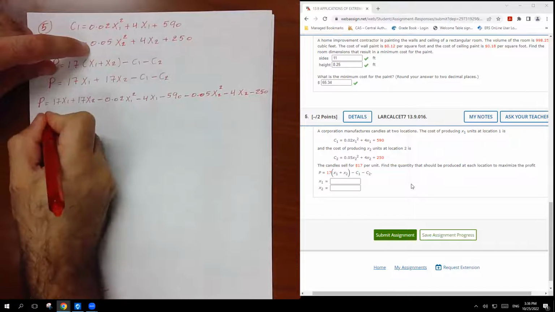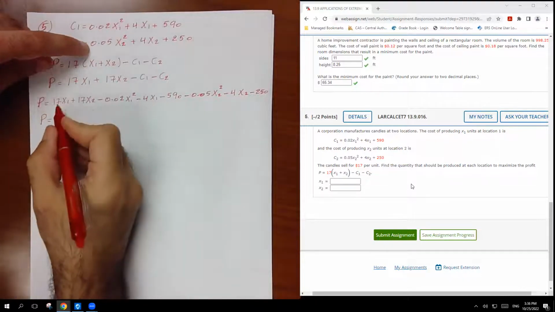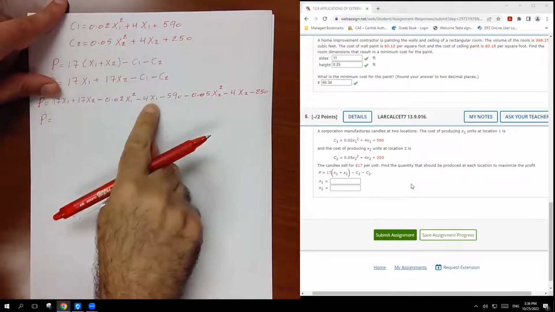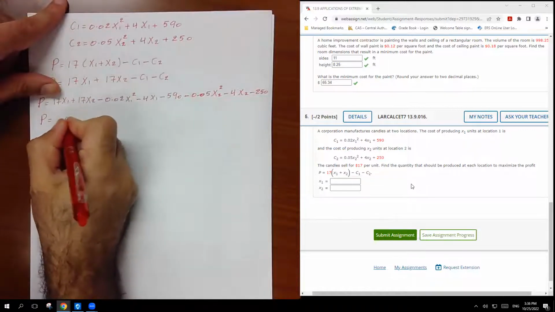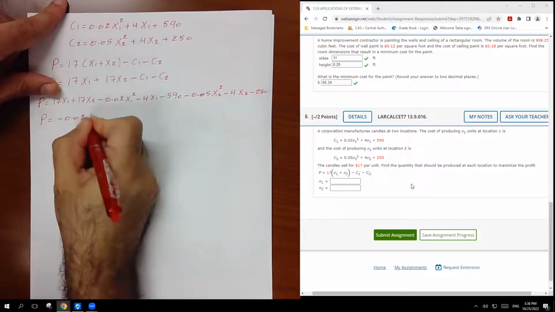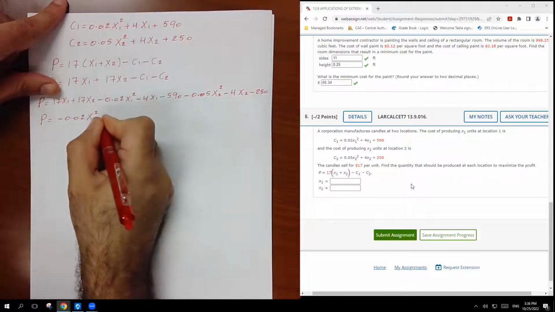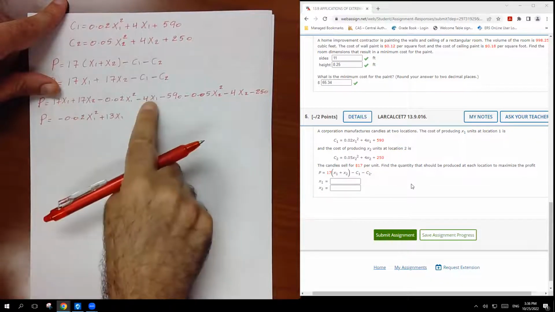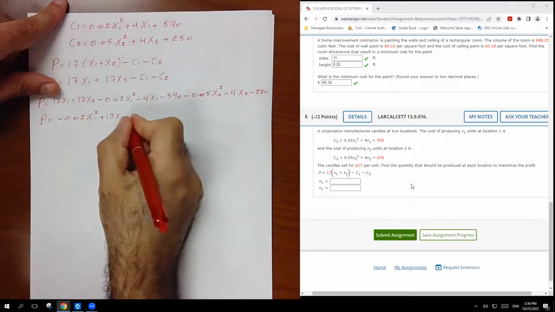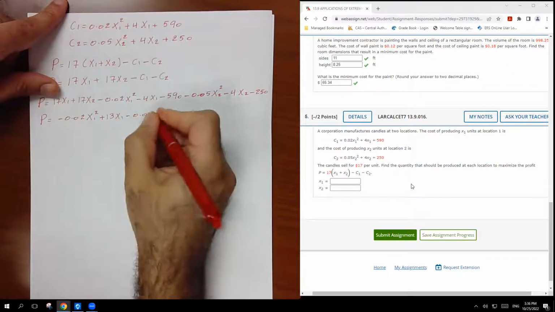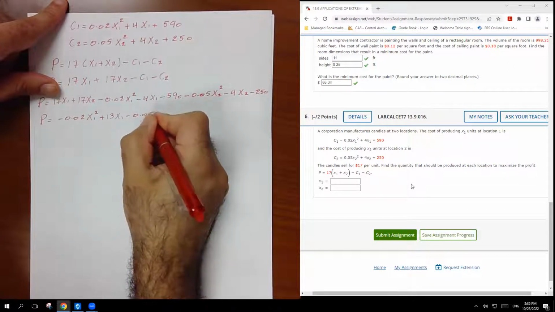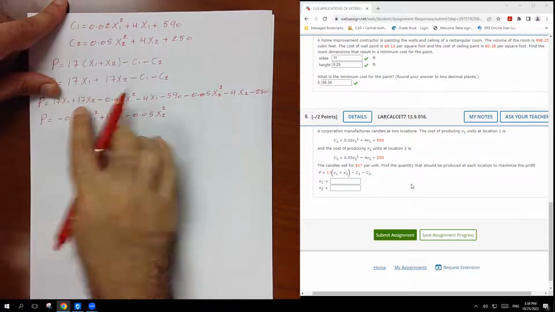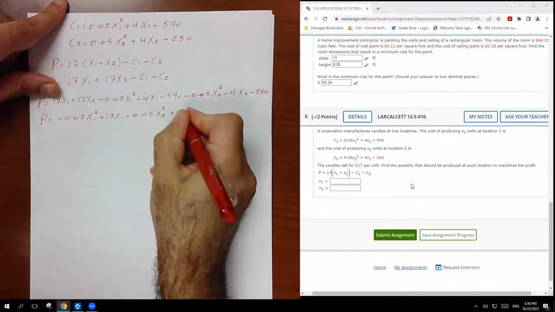Combine the like terms. That means our P is going to be negative 0.02 x1 squared plus 13x1, because 17x1 minus 4x1, minus 0.05 x2 squared, 17x2 minus 4x2, so plus 13x2.